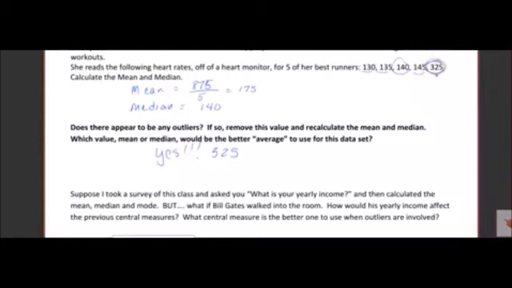So what we want to do is throw the outlier out. So let's throw out 325 and recalculate the mean and the median.